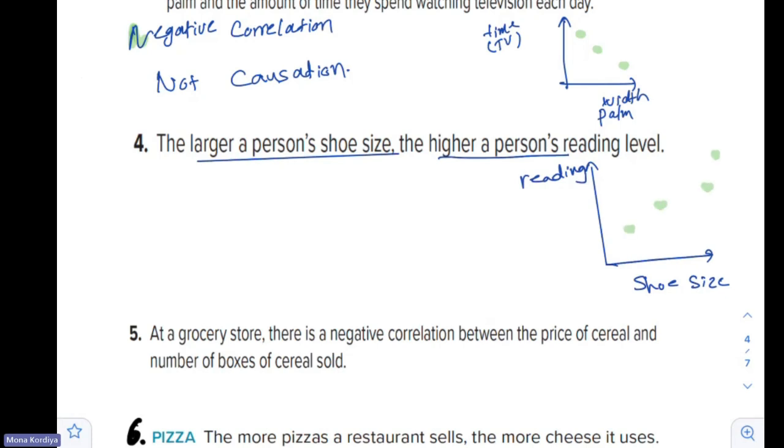When they are working together, they have positive correlation. Now let's check the causation, the cause and effect story. Does the shoe size affect your reading level? Of course not. So it's not causation.